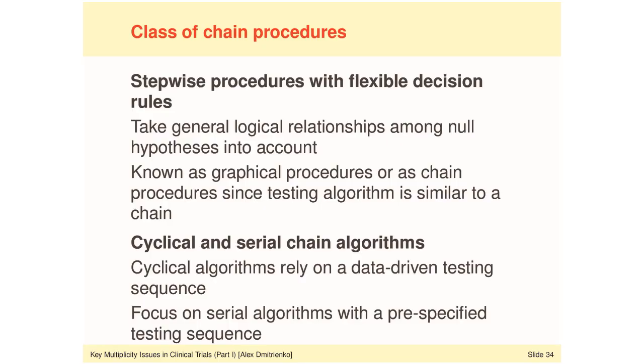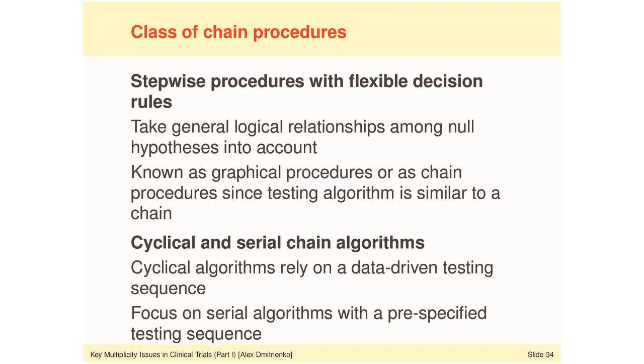Now I'm going to introduce another class of Bonferroni-based stepwise multiple testing procedures with a pre-specified testing sequence. As I said a few minutes ago, the fallback testing algorithm actually defines a class of procedures, and the fixed sequence procedure is simply a special case of this general class.